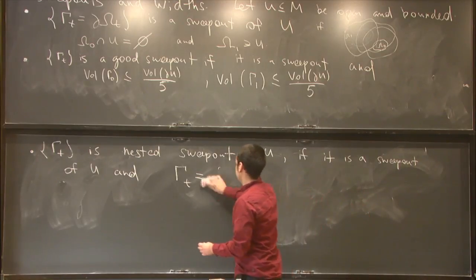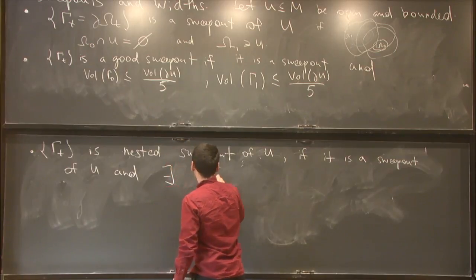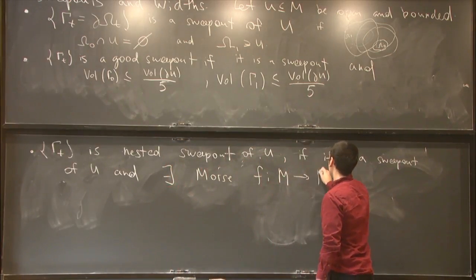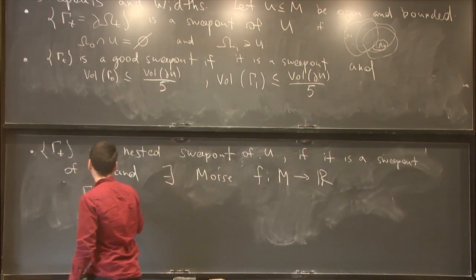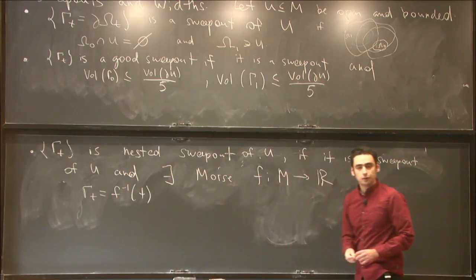So let me state it slightly differently. There exists a Morse function f from M into R, and gamma t is equal to the preimage of this function.